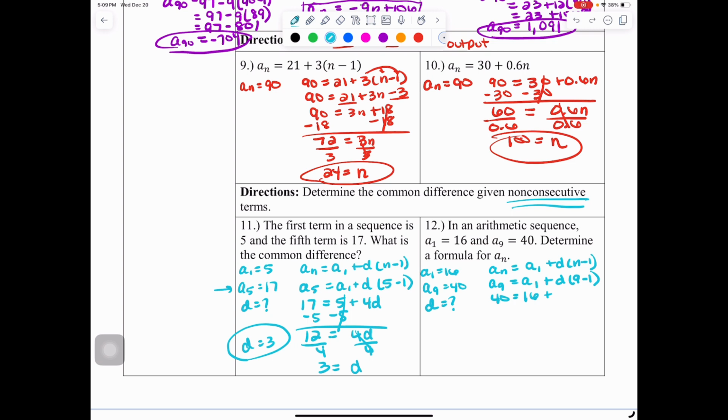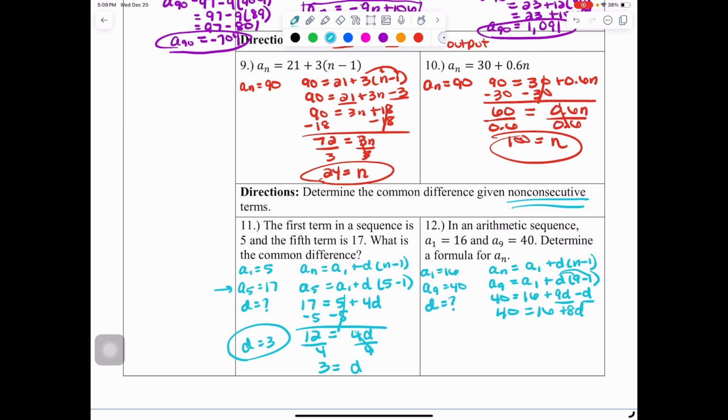So once again, you could do 9 minus 1 is 8 and then make it 8d. If you wanted to distribute and do 9d minus d and then combine to get 40 equals 16 plus 8d, you could do that as well. You're going to get the same result either way.